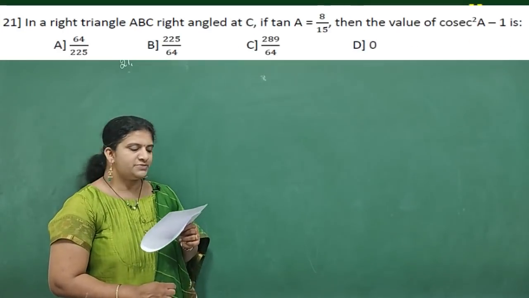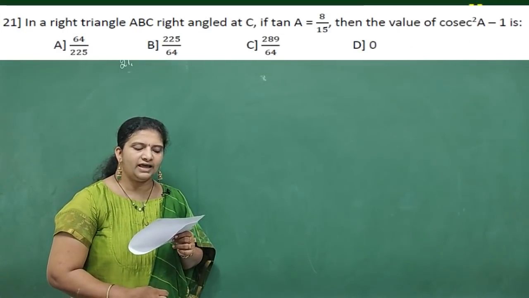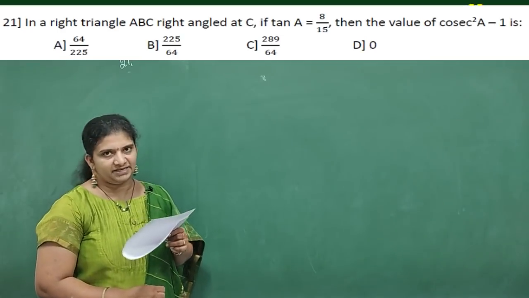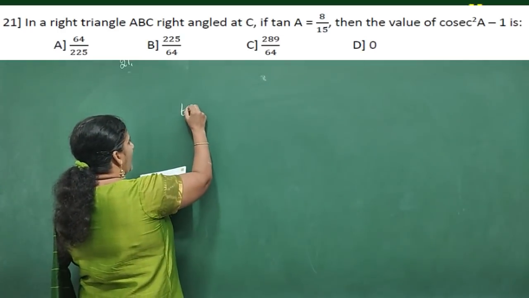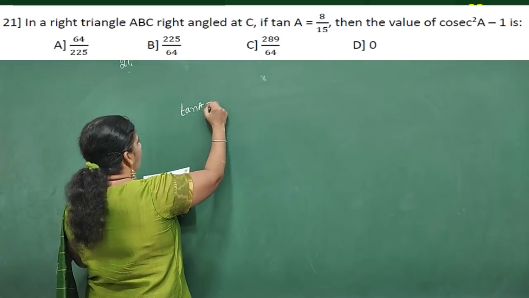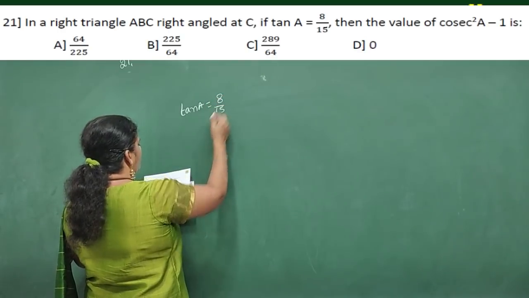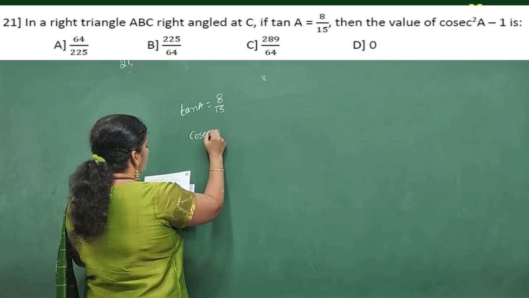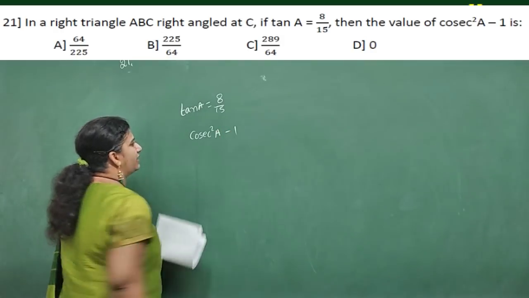21st problem. In a right triangle ABC, right angled at C, if tan A is equal to 8 by 15, find the value of cosecant square A minus 1.